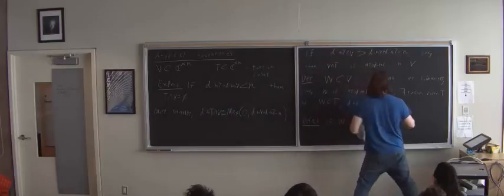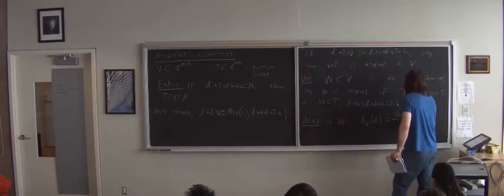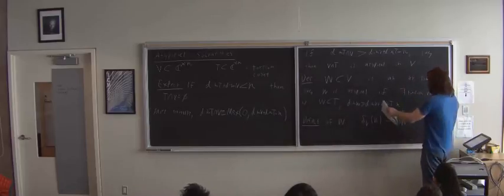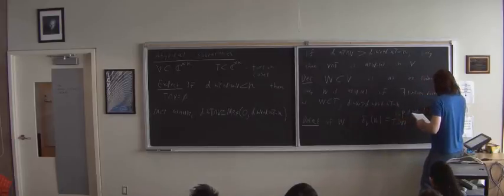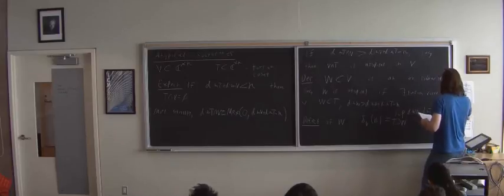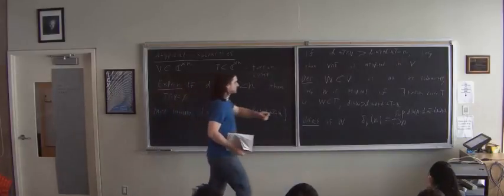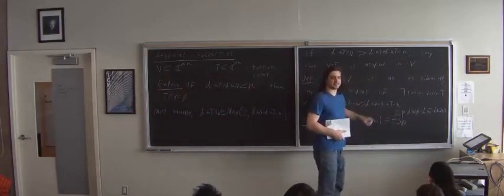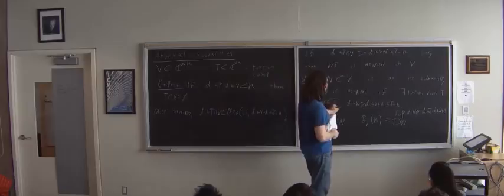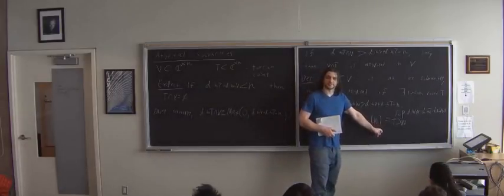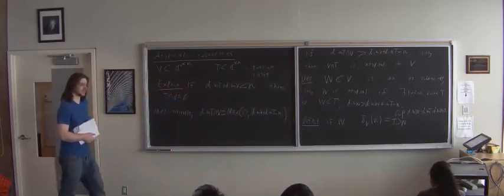I'll define it like this: it's the supremum over all torsion cosets T which contain W of this quantity, this side minus this side. So in particular, W is atypical if its defect is positive. Any questions about these definitions?